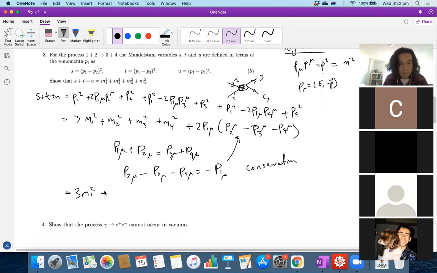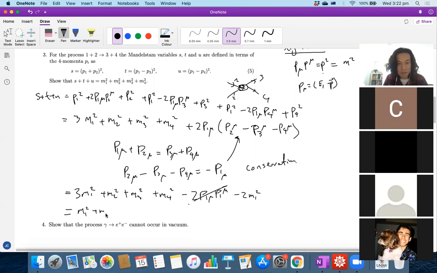So this is equal to 3m1 squared plus m2 squared plus m3 squared plus m4 squared minus 2 P1 mu P1 mu. Oh, sorry, it's the upper index version because these are all upper index. And this is just P squared, so this is just equal to minus 2 m1 squared. And that minus that, so then we only have one left: m1 squared plus m2 squared plus m3 squared plus m4 squared.